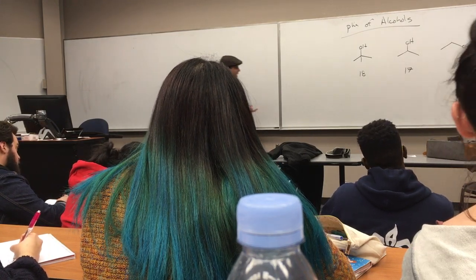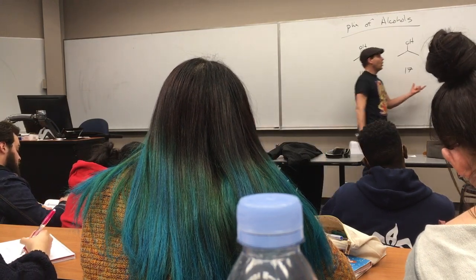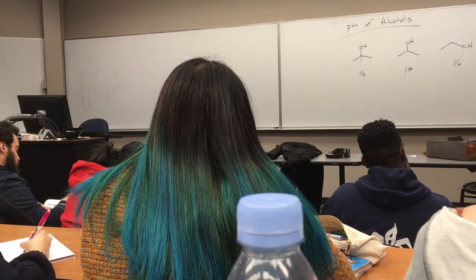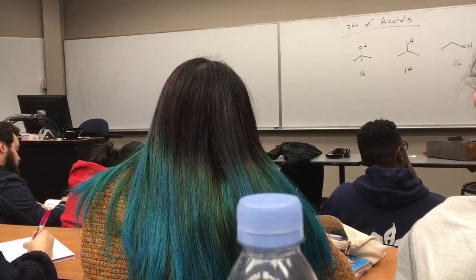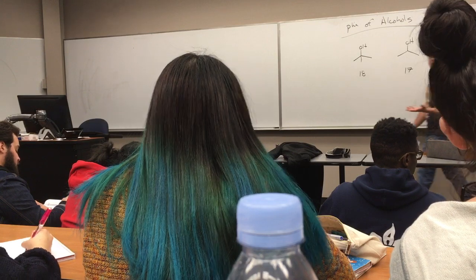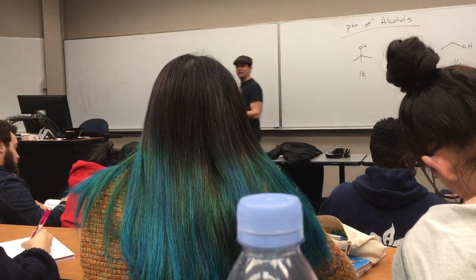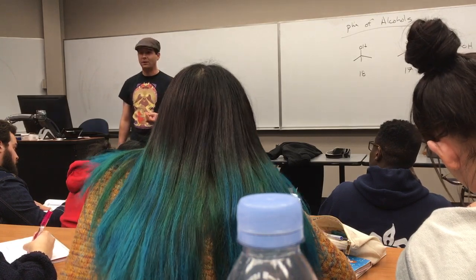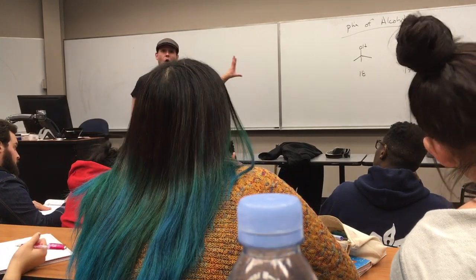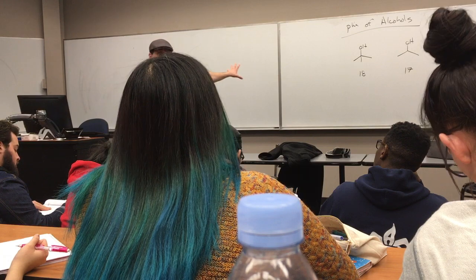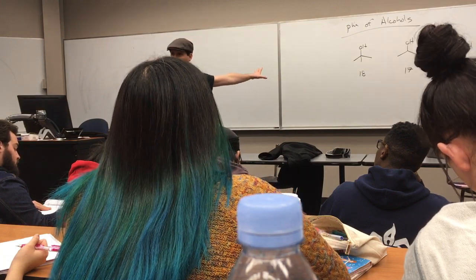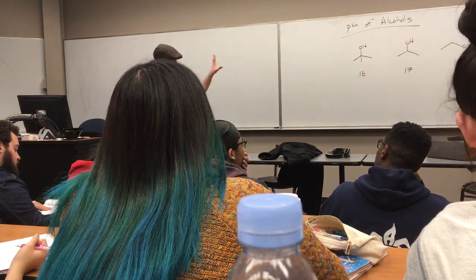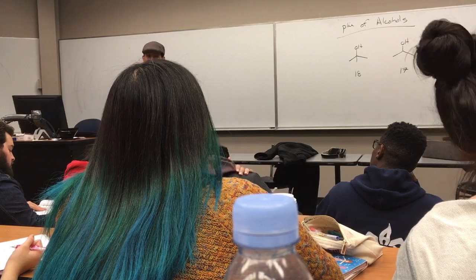But if I mix this with any organic or standard acid, that alcohol is going to behave as a base. Almost all of our organic acids and standard mineral acids have pKa's that are below 5. So if I mix an alcohol with a carboxylic acid, or with something like HBr, HCl, or H2SO4, the alcohol is going to behave as a base.